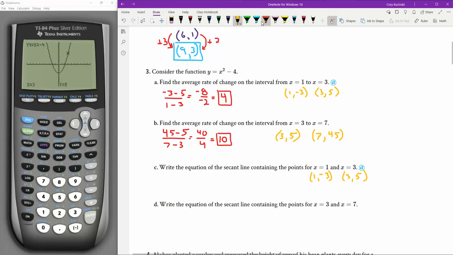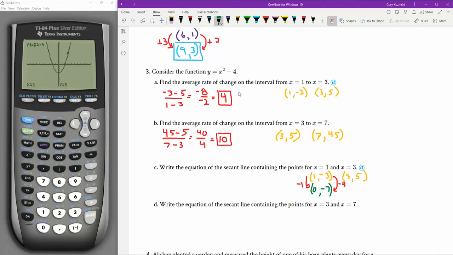I think I'm going to just do this. Since the slope is 4, when I go down 1, y should go down 4, so that would be -7.